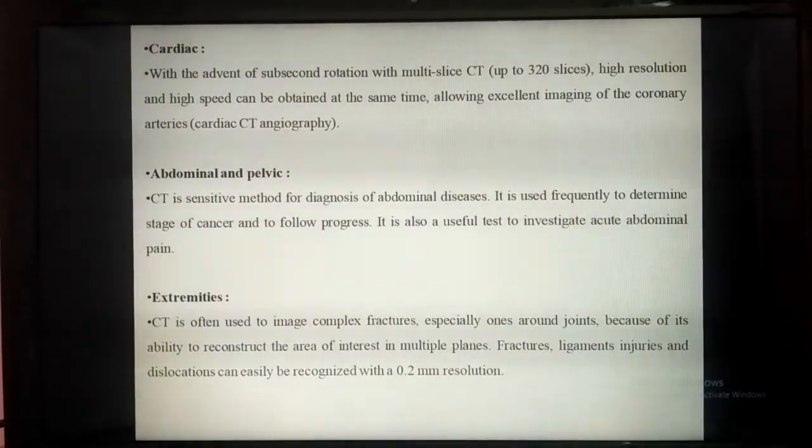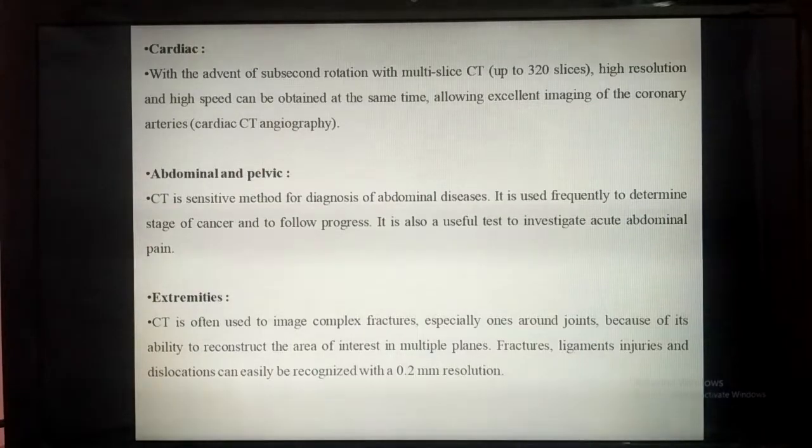The next one is cardiac. With the advent of sub-second rotation with multi-slice CT up to 320 slices, high resolution and high speed can be obtained at the same time, allowing excellent imaging of the coronary arteries, cardiac CT angiography.